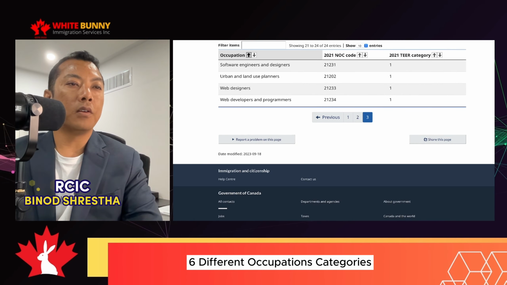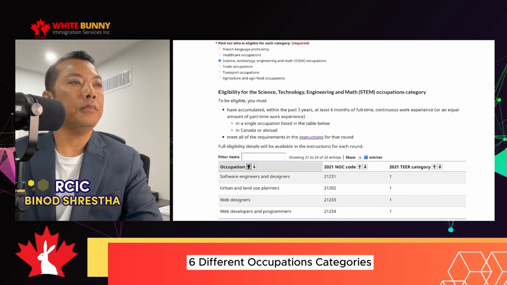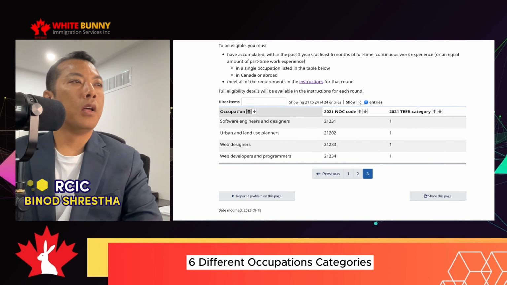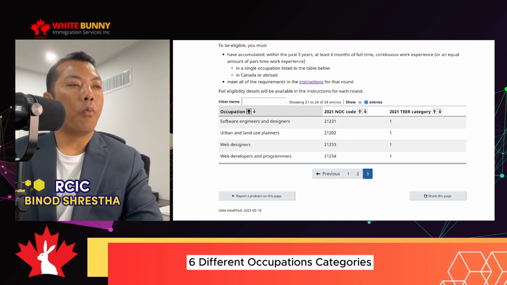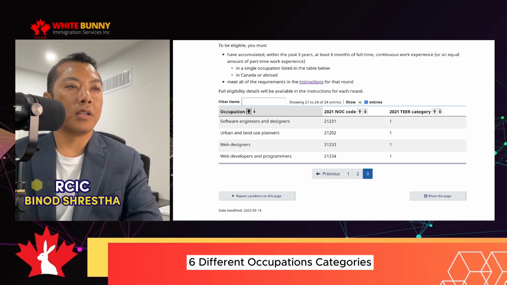If you go to the third tab here, there were a few more. Software engineers and designers, urban and land use planners, web designers, web developers and programmers, etc.